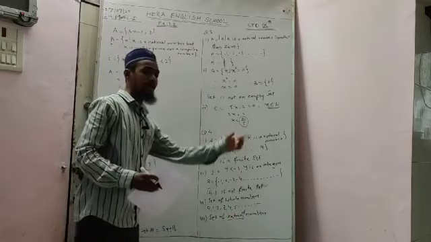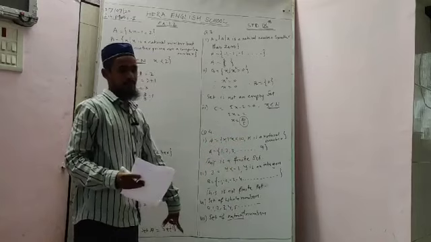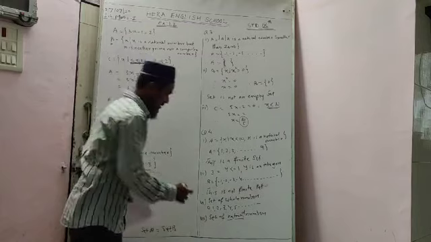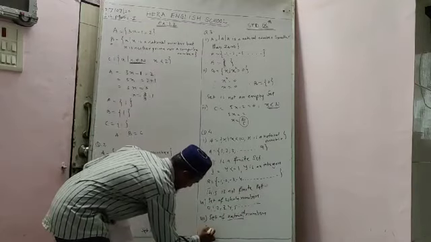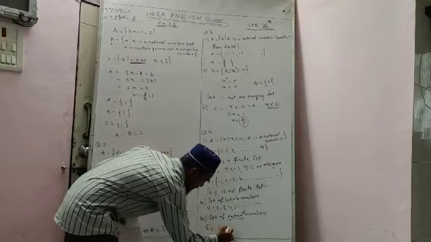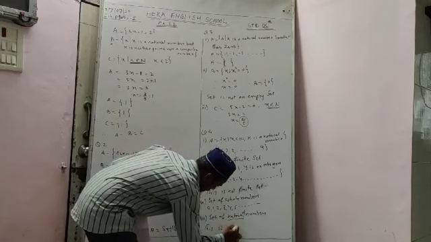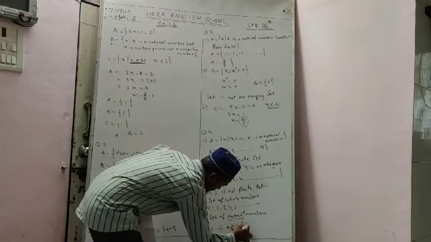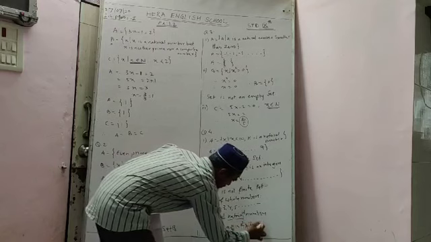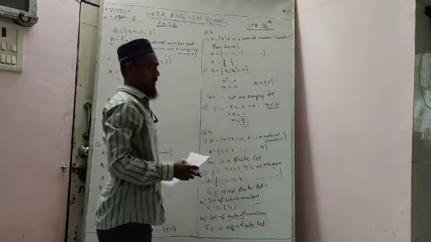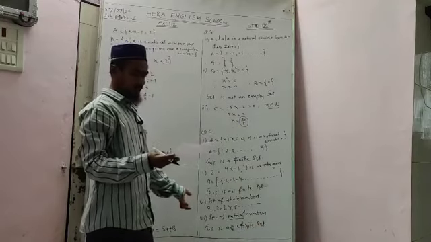These are also unlimited. This set is also infinite. We can write here this is an infinite set. Okay, this is the last question.